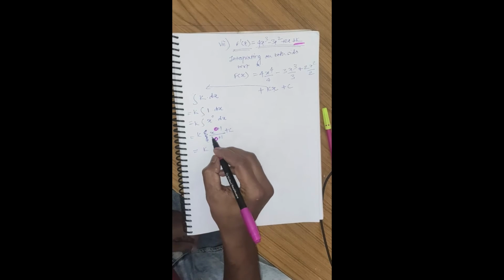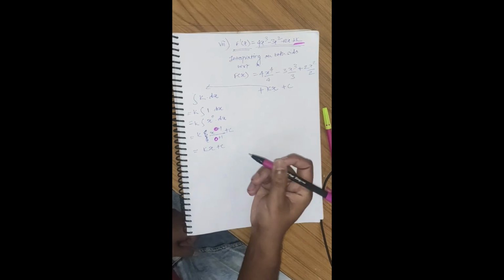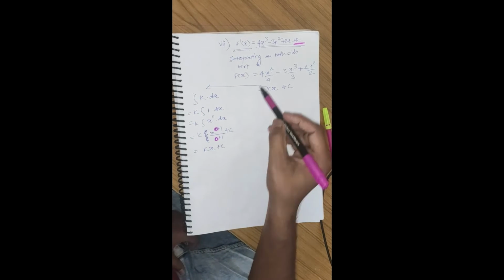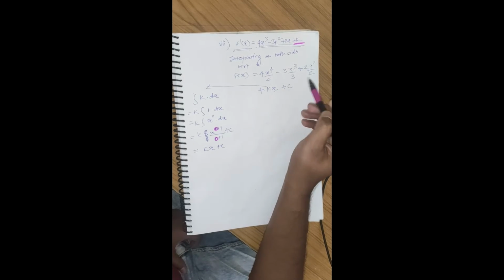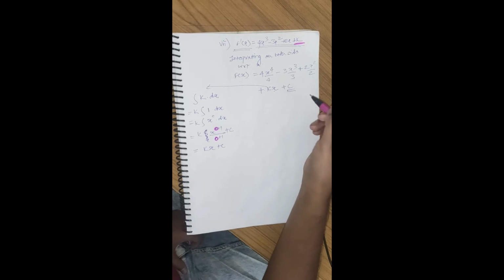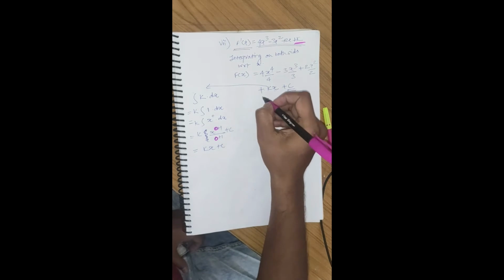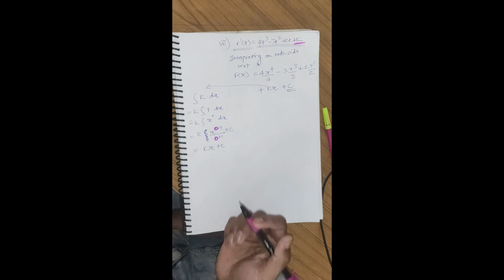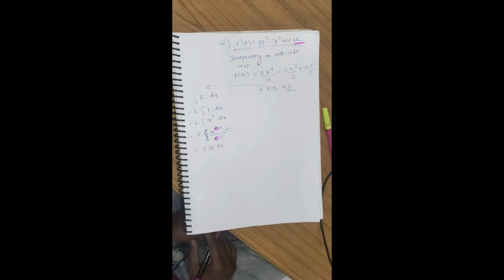That itself is k into x plus c. Basically every one of these gets a constant, but it gets added and it becomes a common c. So you don't have to write c everywhere, you can write it once only. So we got f of x.